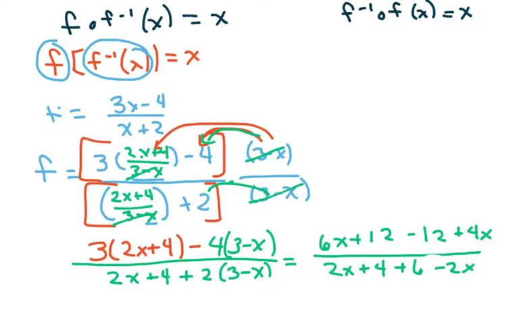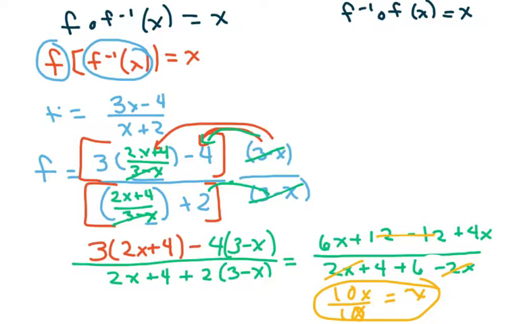Well, what happens is the 2x cancels, and we get 10x over 10, and that equals x. So that worked.